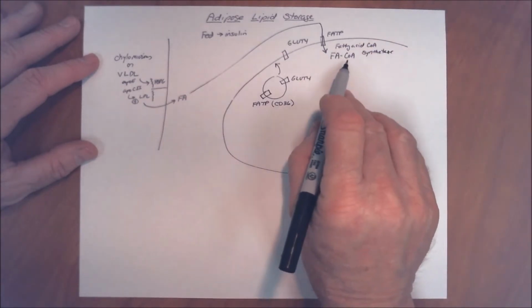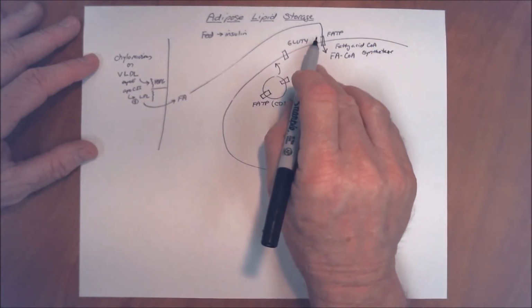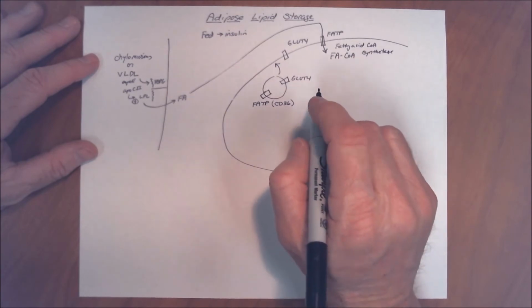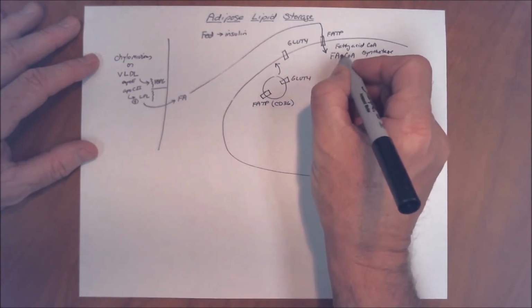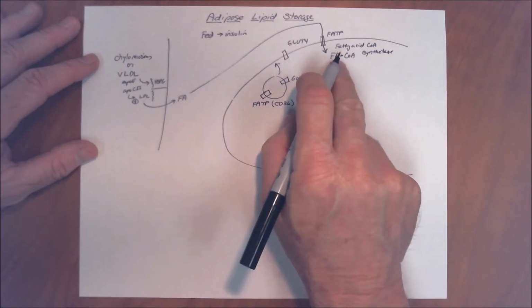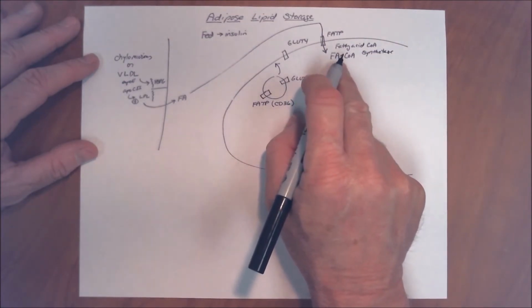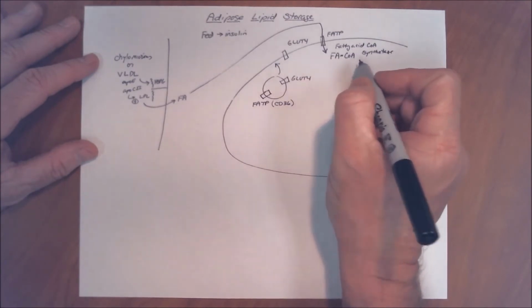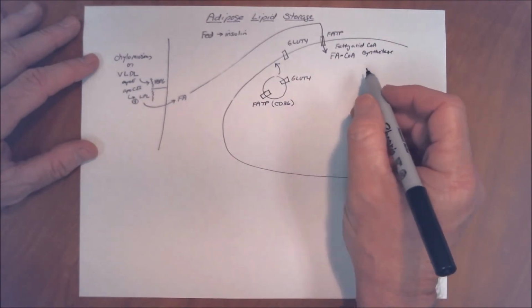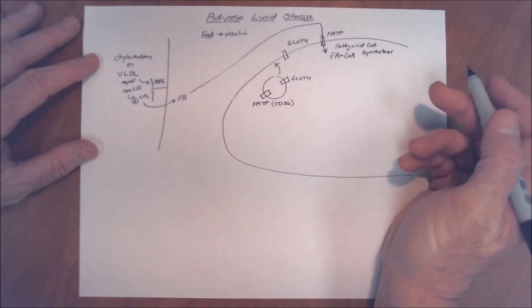This enzyme serves, of course, to trap the fatty acid so the reverse transport will not work. It also charges the fatty acid so that subsequent reactions will have the energy to proceed. Now we have our fatty acids charged with CoA in the cytosol. Now the question is, how are we going to store this?